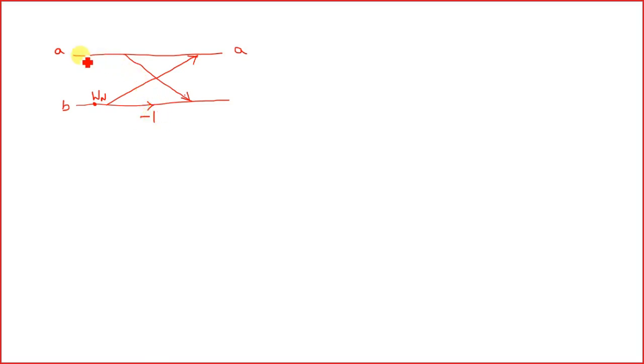A comes in a straight fashion over here. Then over here we have an adder. To this adder, what is coming? B multiplied by Wn.